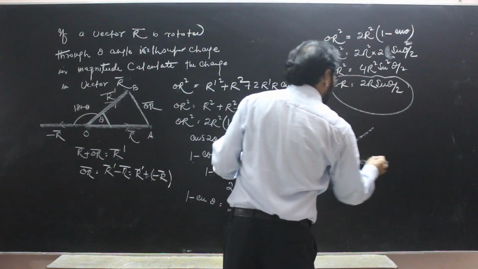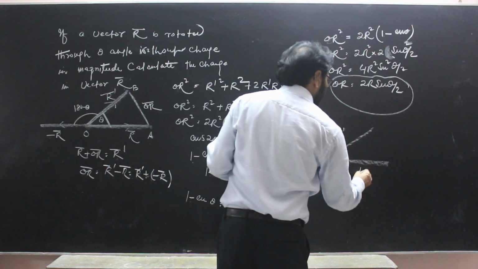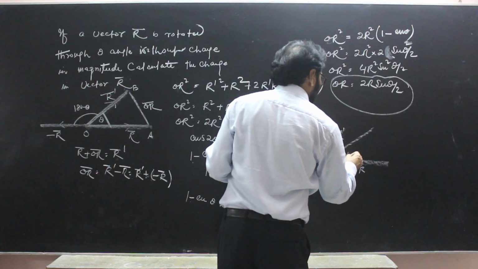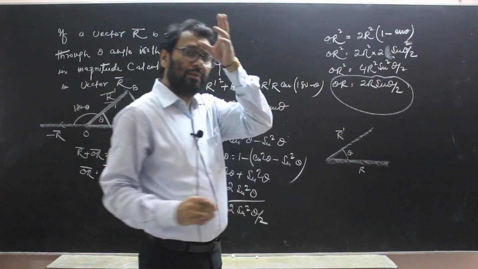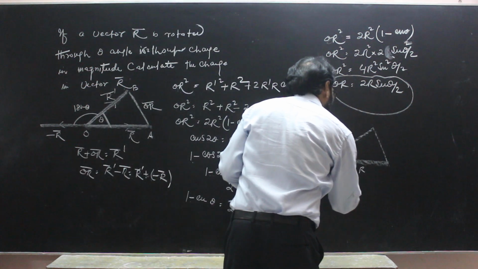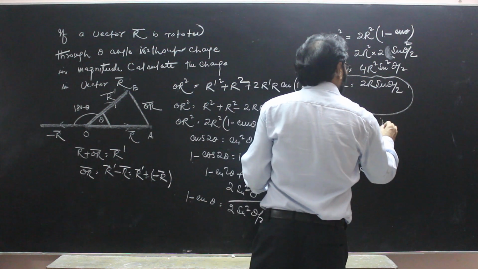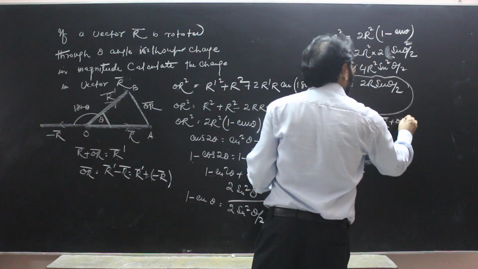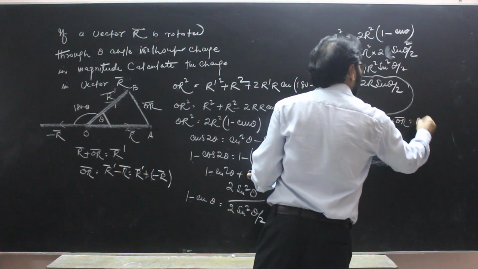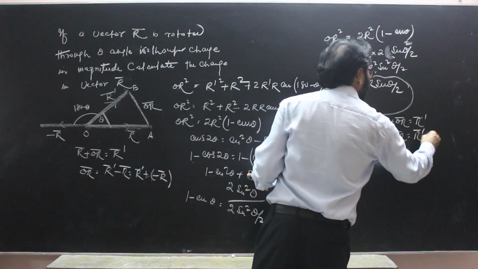If the vector is r and this is your r dashed, it has been rotated through theta angle. Now this is the change in vector. R plus delta r is r dash. So delta r is r dash minus r.